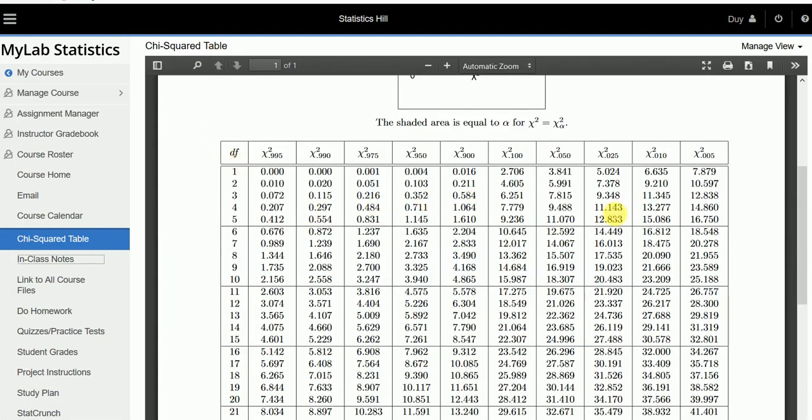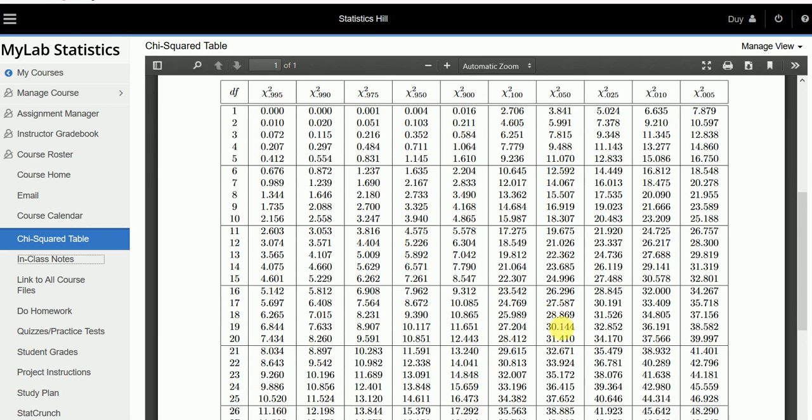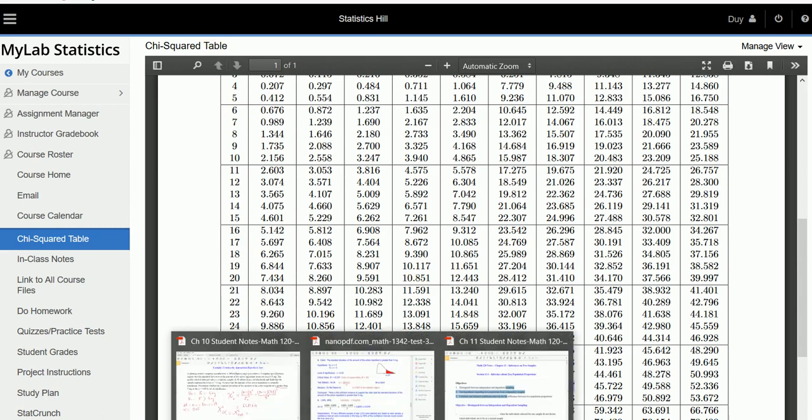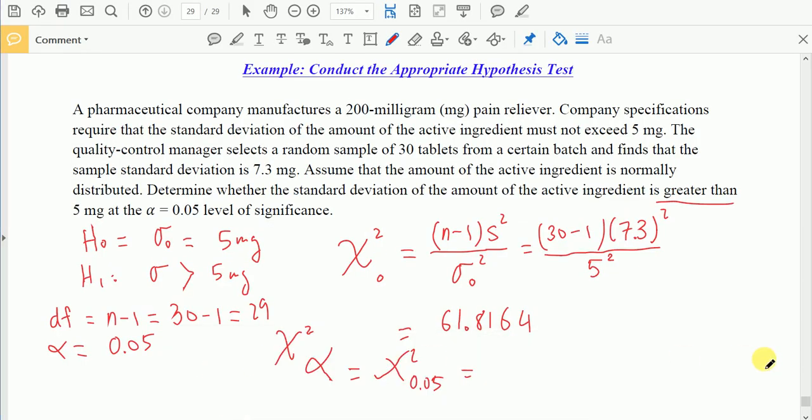So 0.05 is right here, this column, and we have 29 degrees of freedom. So go down all the way here. 29 is this one, right? So 42.557. Go back here. That's equal to 42.557. This is the critical value.